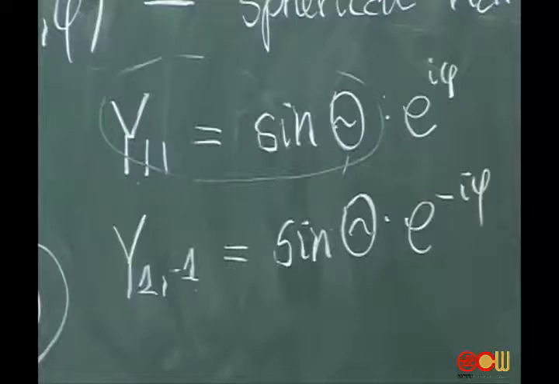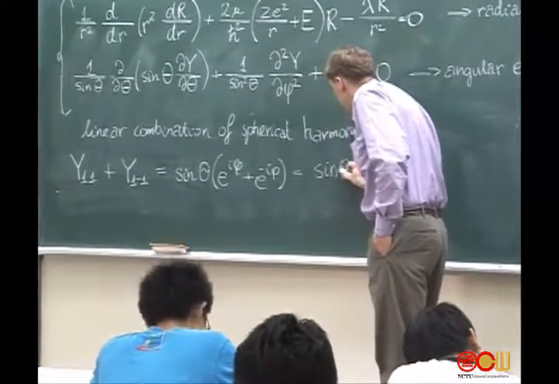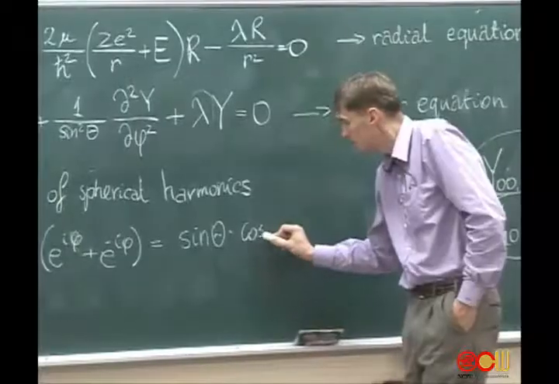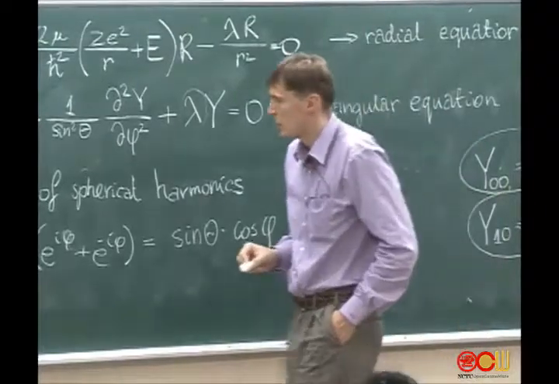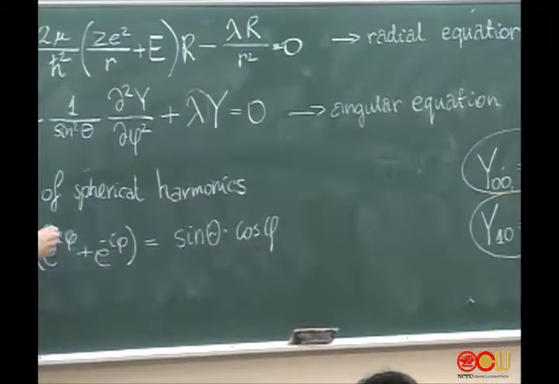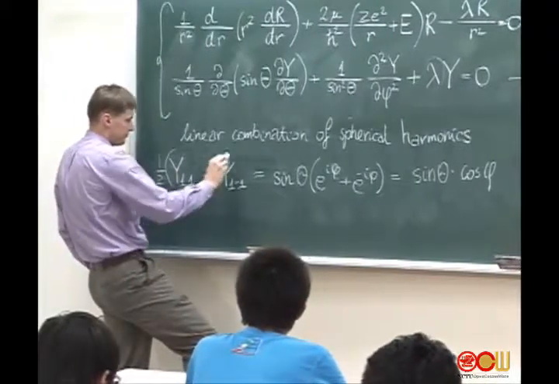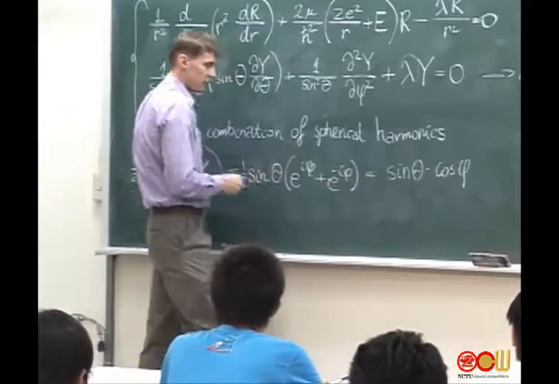We already had this equation before, and we know that this is nothing else but two times the cosine phi. To be more honest, I should put in front of the linear combination the factor 1/2. Then it's exactly the cosine.